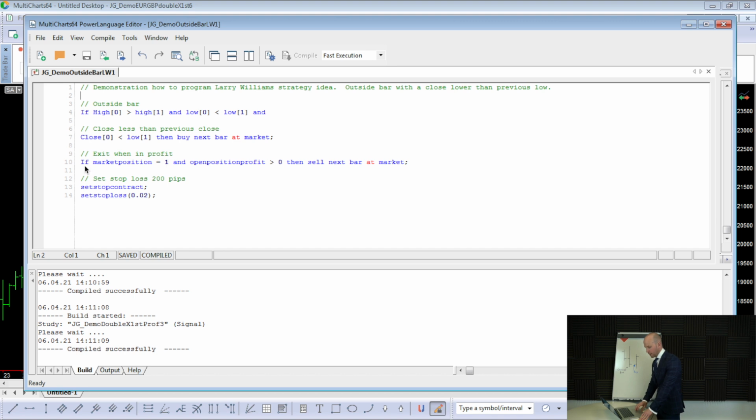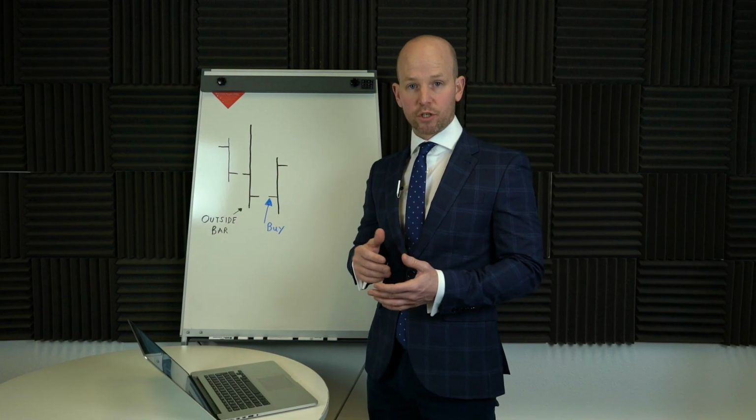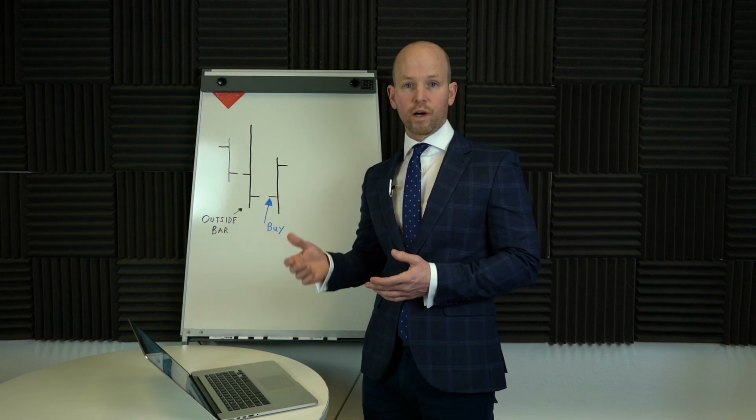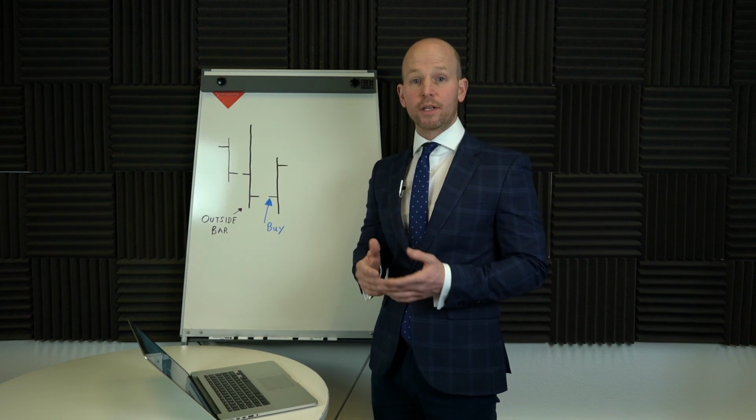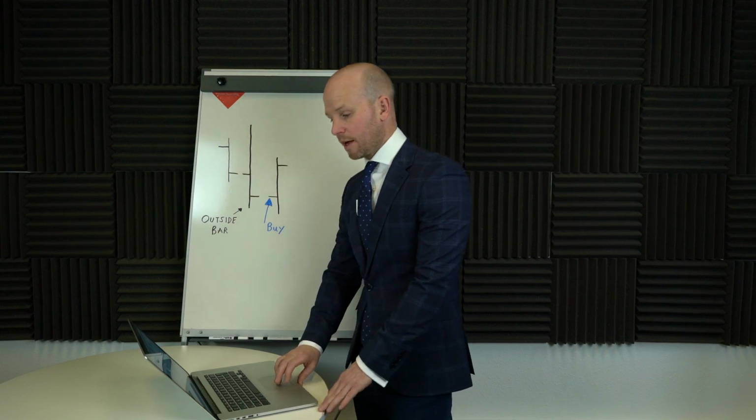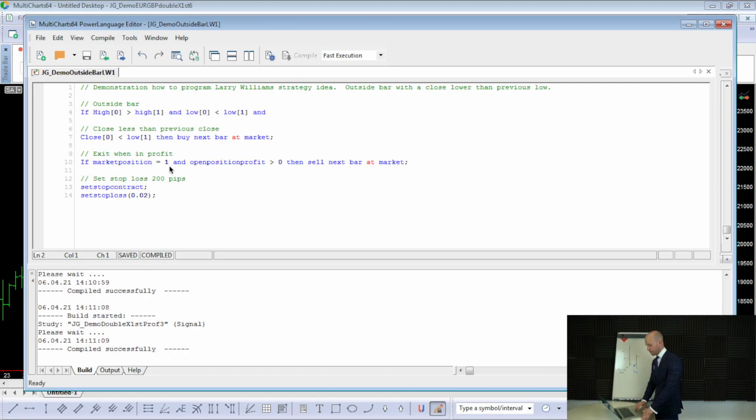Now, if the market position equals 1, what that means is Multicharts is monitoring the position of the trade, and if it's 1, that means that we're long. If it was -1, that means we're short. So it's saying if we are long, if we're in the trade, we've bought, and open position profit. This is like a built-in function from Multicharts.